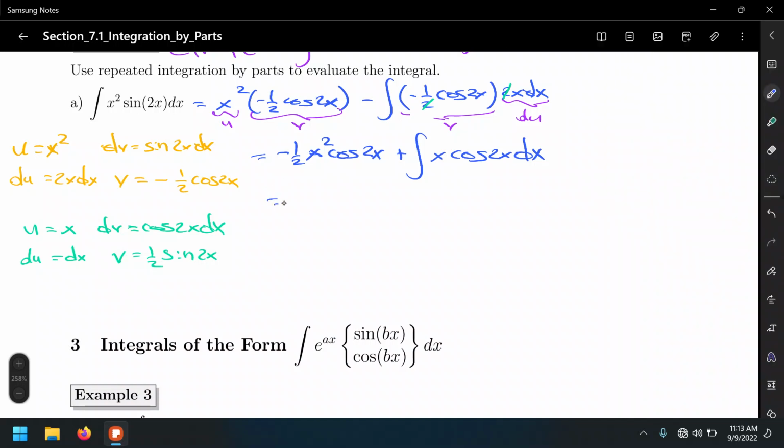So negative 1/2 x squared cosine 2x plus whatever we get from this integration by parts. And let's see, that's u times v, that's x times 1/2 sine 2x minus the integral of v du. Number one, let's clean up parentheses.